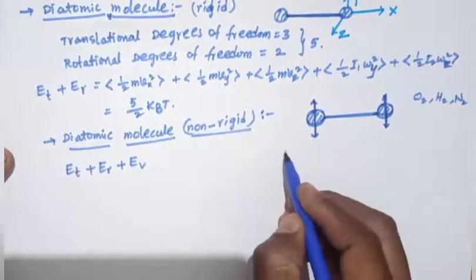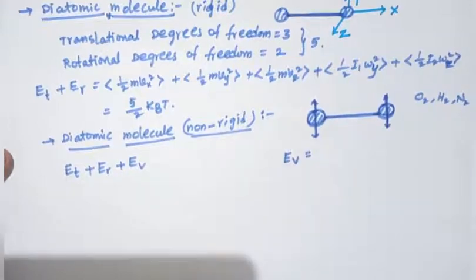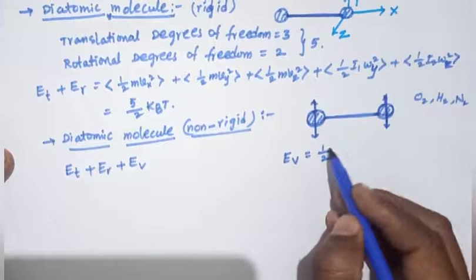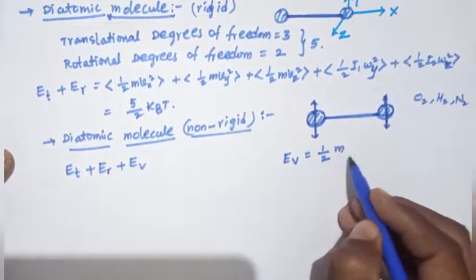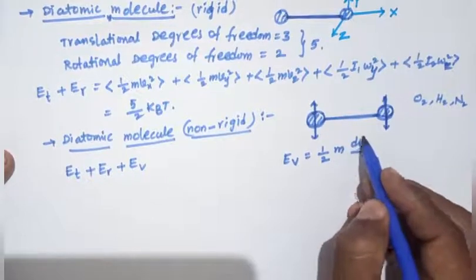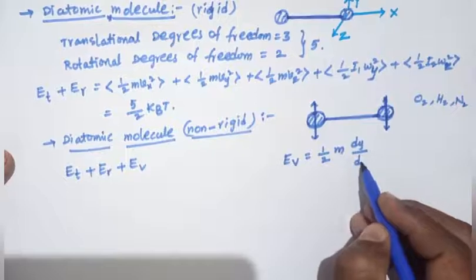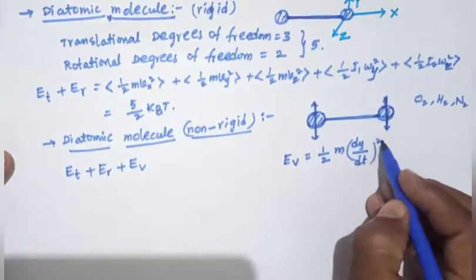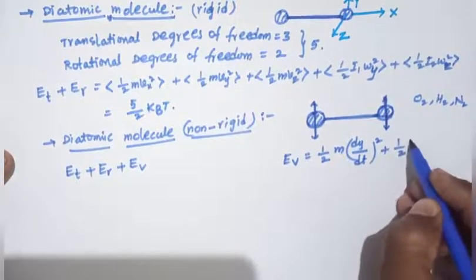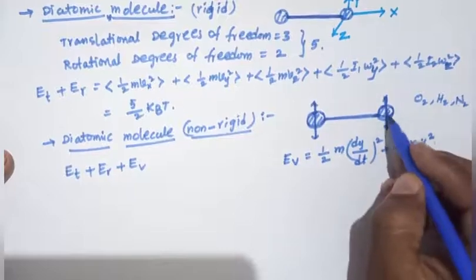So E vibrational equals the kinetic part, half m (dy by dt) whole square, where the velocity is the rate of change of displacement, plus the potential energy, half k y square, where y is the displacement along the y direction.